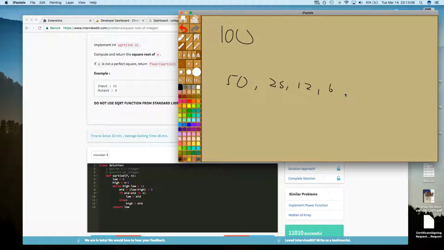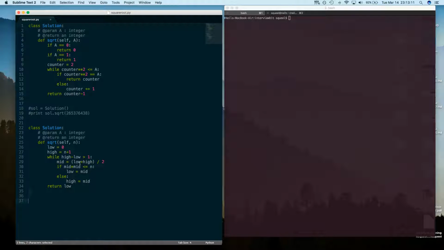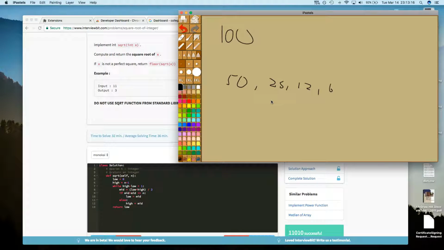But then, if you have 6 as your new low, and your high is 12, then you would add these two, that'd be 18, which halved would be 9, your next number to look for. And 81 is too low. So then you just do 9 plus 12, so you add these two to get 21. The square root of 21.